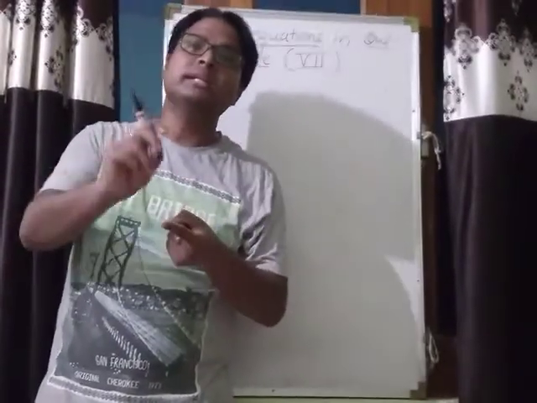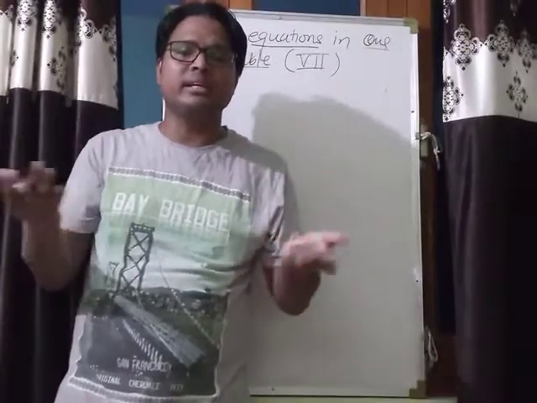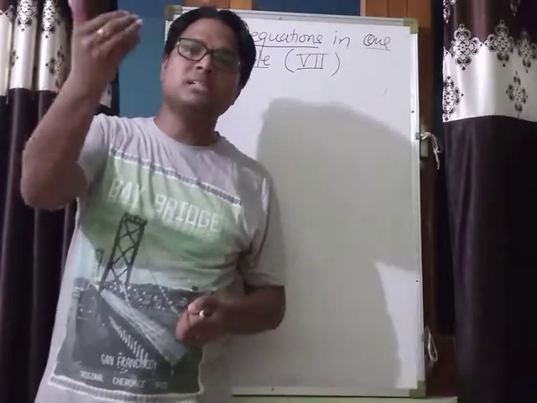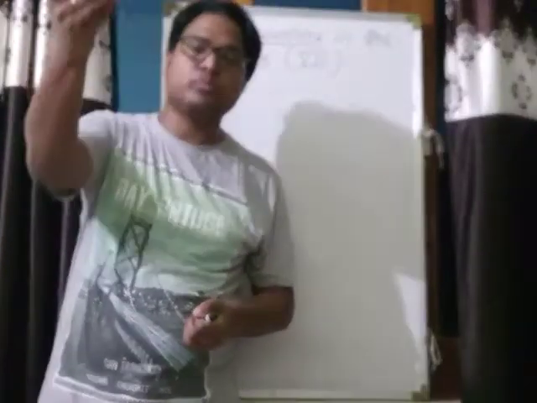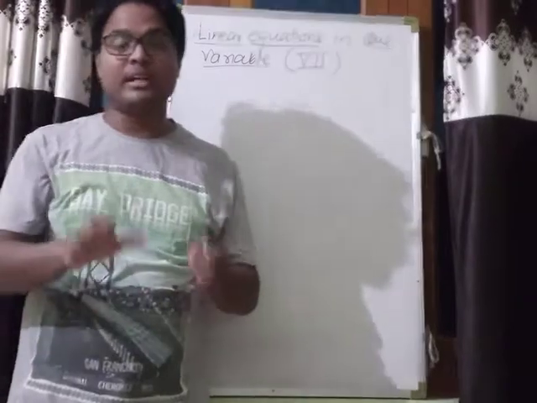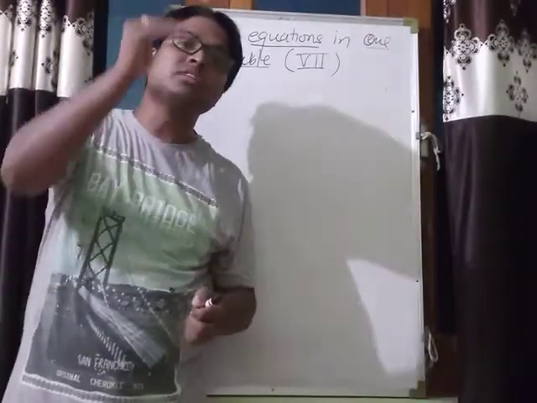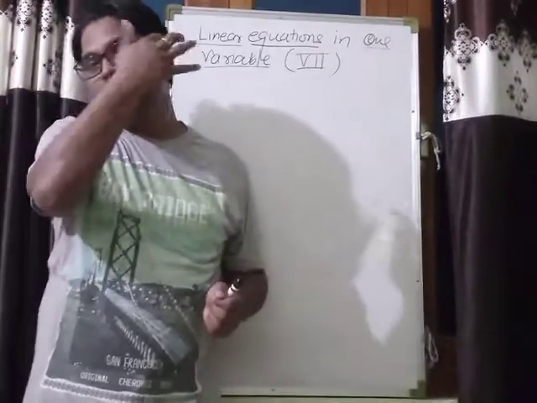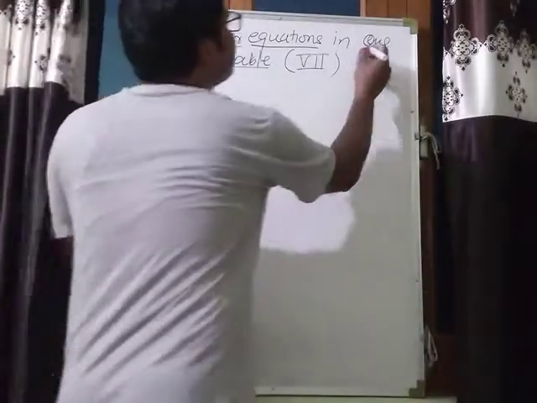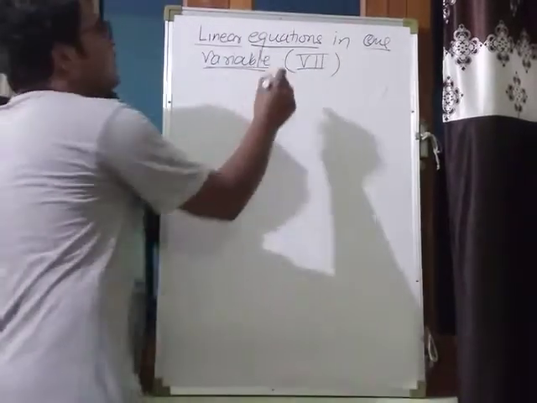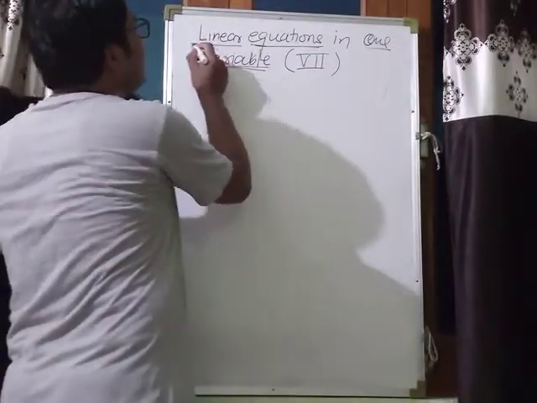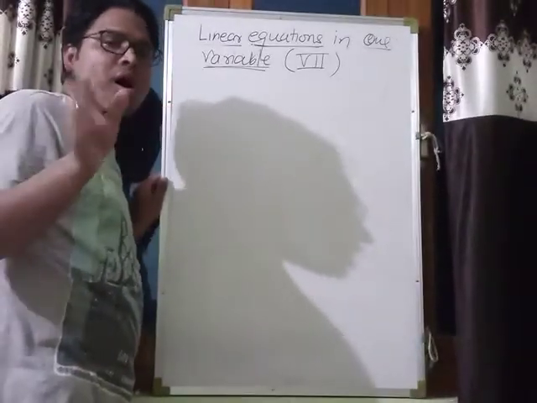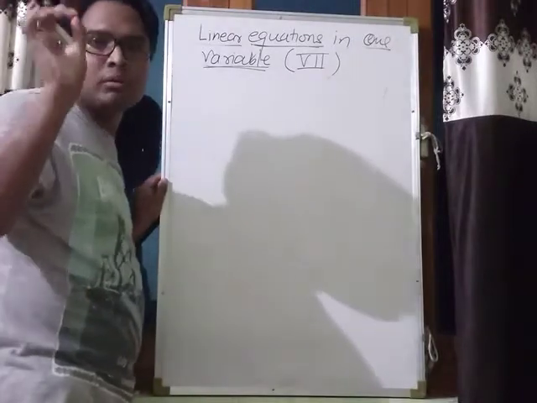Means degree is 1, and degree is the maximum or highest power or exponent of any variable. So it is clear that there should be one variable, equal should be present there, and linear means the highest power of the variable should be 1.